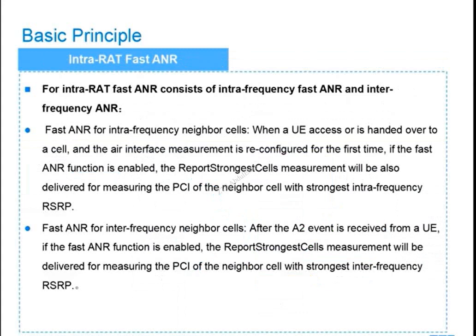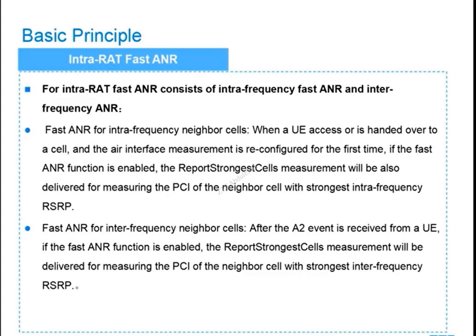Compared with the normal ANR, we have another one, which is fast ANR. When fast ANR is enabled, the eNodeB will deliver the report strongest cells measurement in advance so that the UE can detect the PCI of the strongest neighbor cell before it arrives at the cell edge. So the neighbor cell detection process is completed in advance.